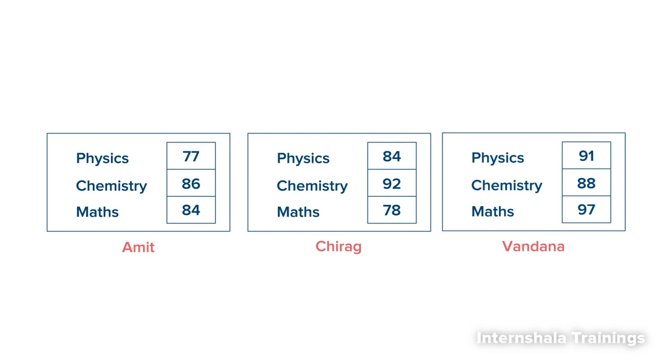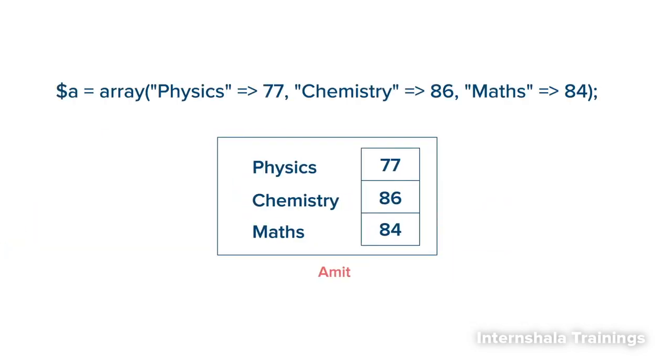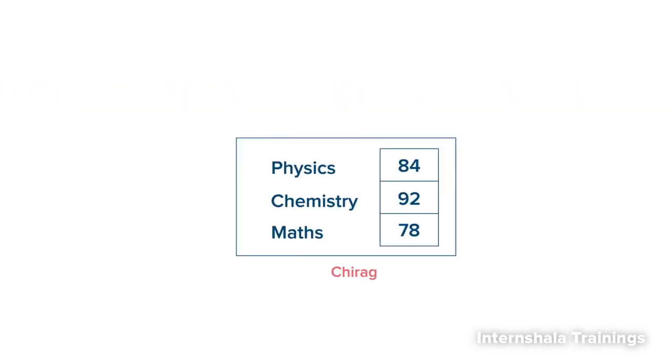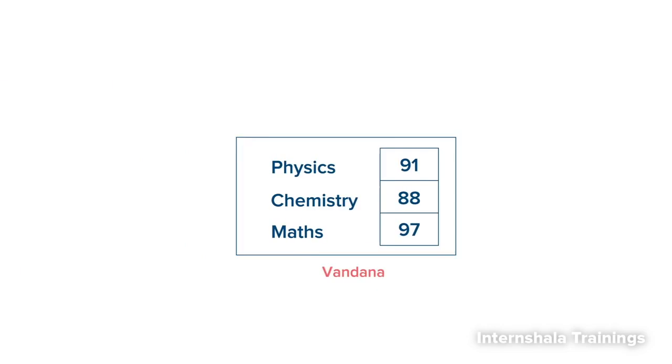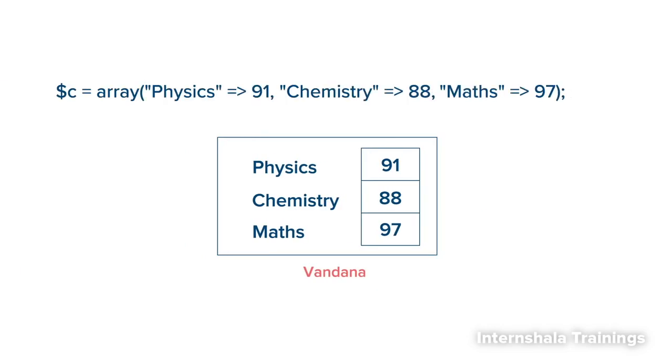So here in one array we are storing the marks of 3 subjects. Here we have an associative array that stores the marks of a student named Amit for 3 subjects: physics, chemistry and mathematics. Similarly, we have 2 more associative arrays that store marks of 2 more students, Chirag and Vandana.